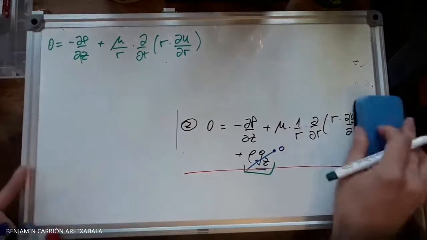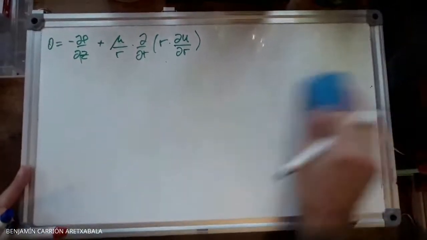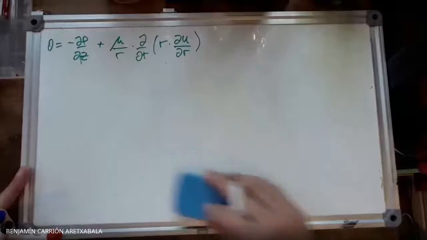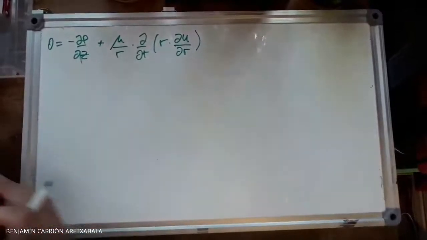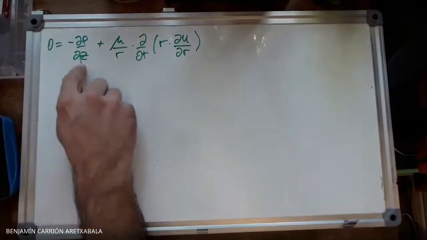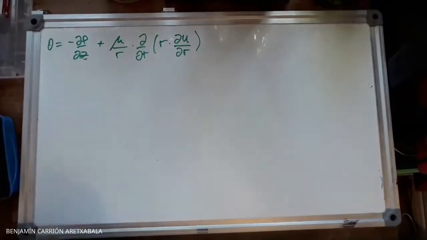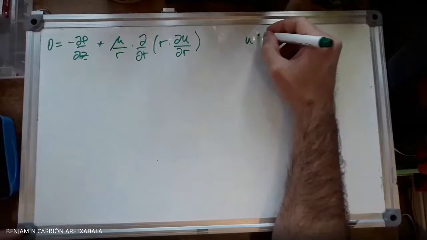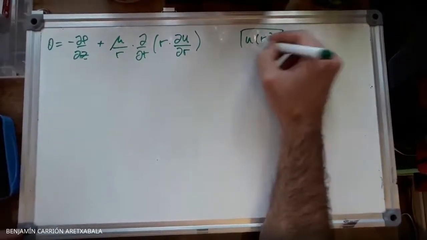Okay, so we have this. So again, u is the velocity normal to a cross section, and we're interested in determining how u changes over r. So our main goal is to determine u over r. This is the function that we're looking for.